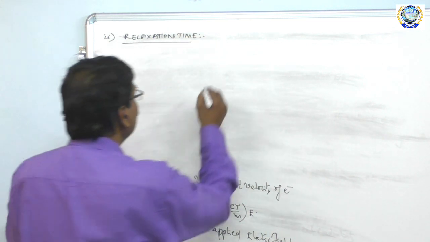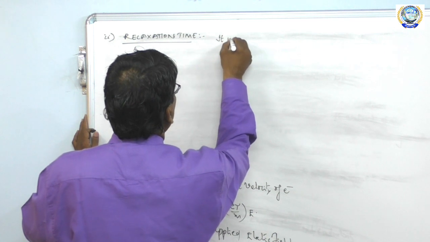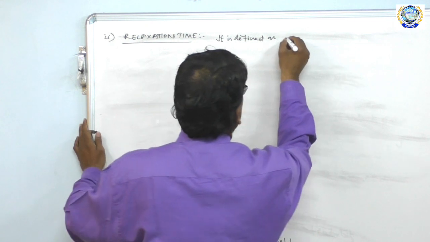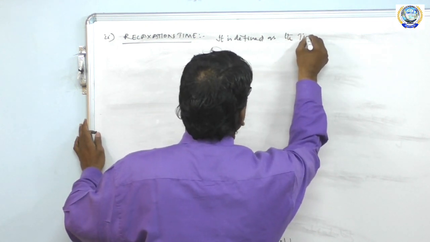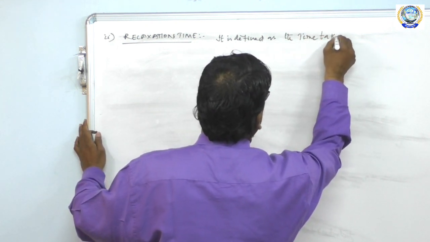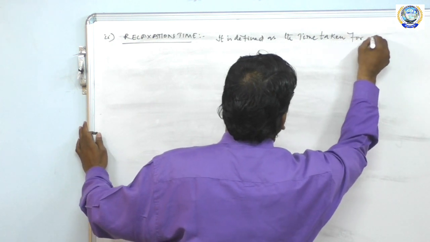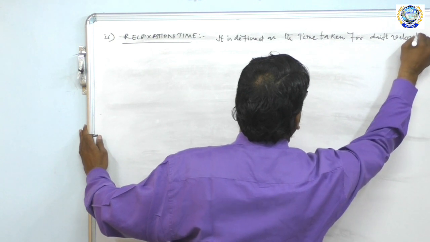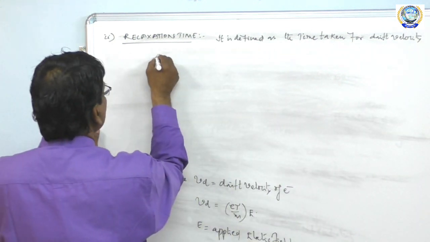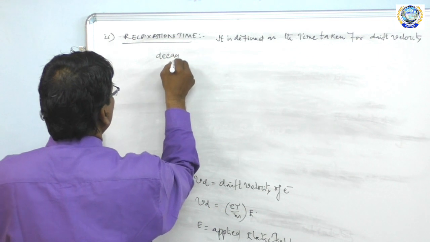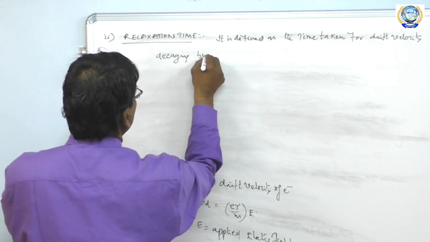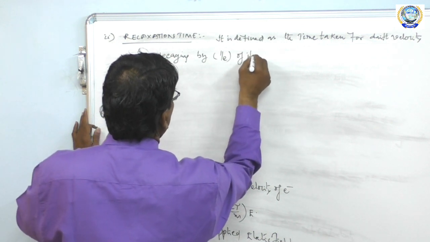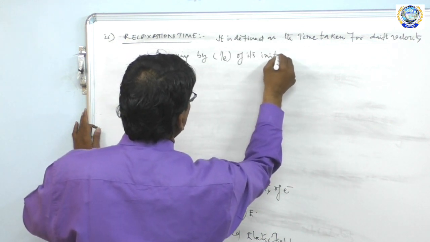It is defined as the time taken for drift velocity to decay by 1 by e of its initial value.